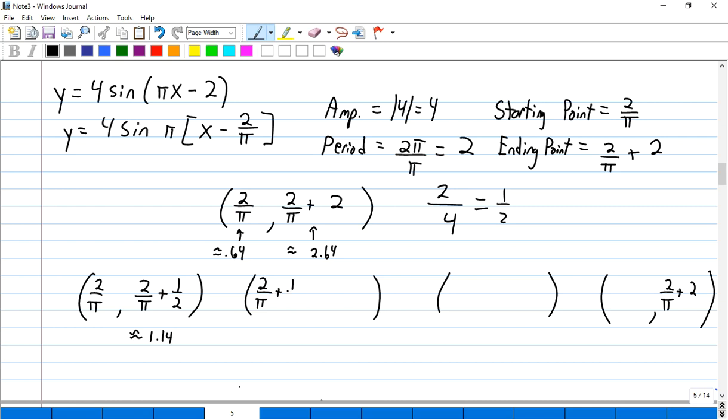Alright, then my next point, I'll start here at this point, and then add 1/2 again. 2 over pi plus 1. So this one right here is about 1.64.